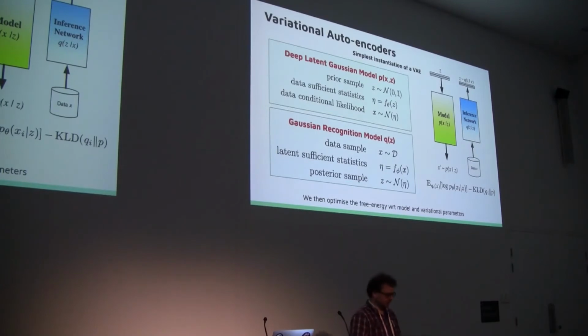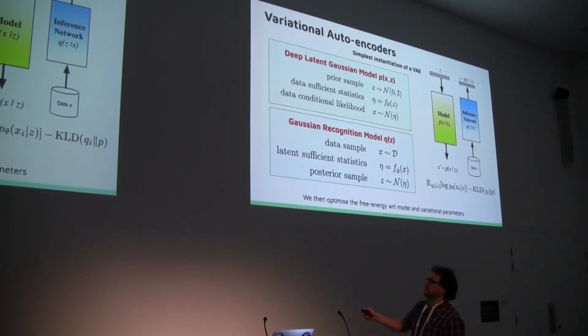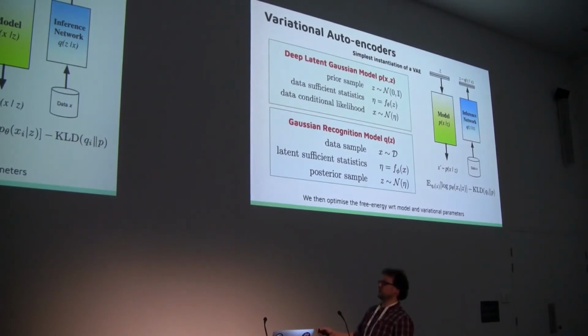Now we can put all of these ideas together into one very simple instantiation, which is known as the variational autoencoder. The variational autoencoder is probably the simplest thing you can do with these building blocks. The generative part of the model simply starts with a spherical Gaussian that you pass through your favorite neural net: MLP, ConvNet, LSTM, whatever you want it to be.